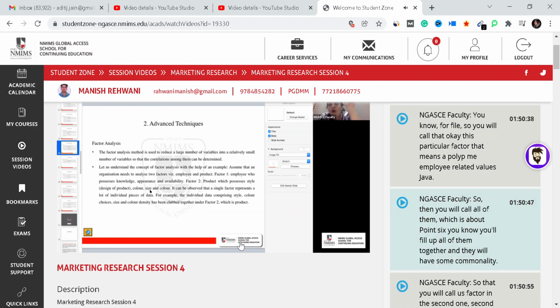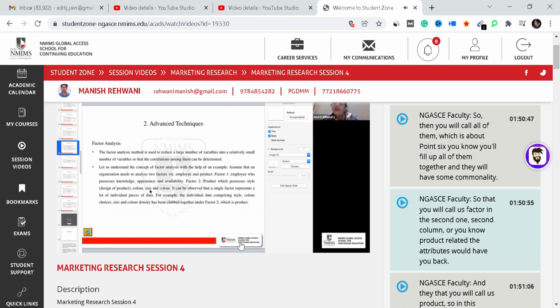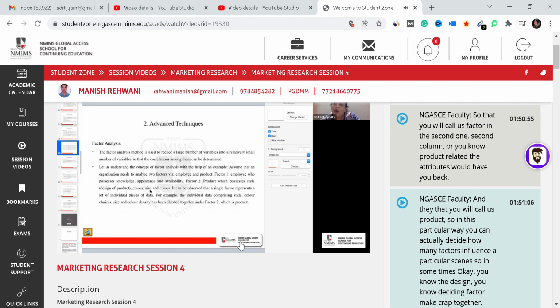Then you will call all of them which are above 0.6, you'll club all of them together and they will have some commonality. So that you will call factor 1. In the second column, all product related attributes would have high values, and that you will call the product factor.